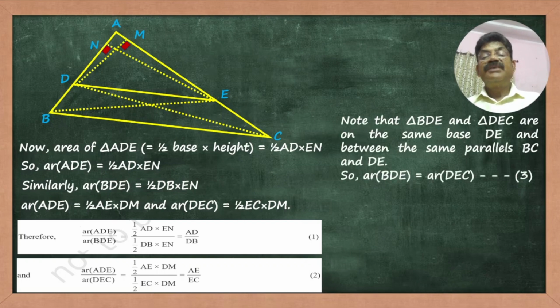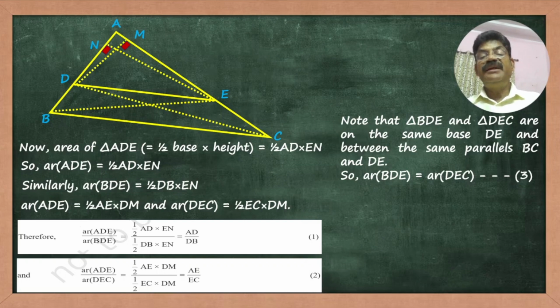Note that triangle BDE and triangle DEC are on the same base DE and between the same parallels BC and DE. Therefore, base will be the same, height also will be the same. Therefore, area must be the same for these two triangles.